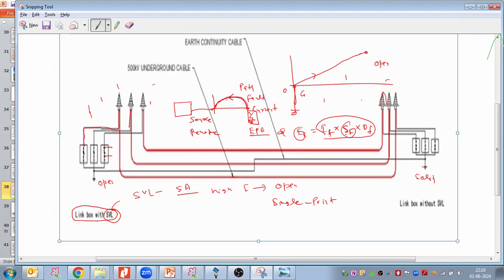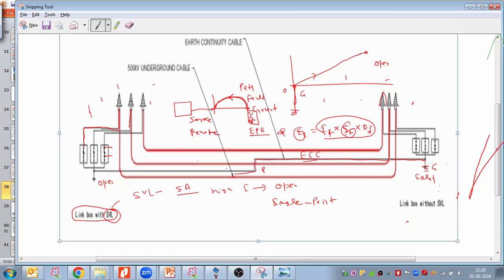In that case we use another cable, called the earth continuity cable, ECC, running parallel to the power cables.